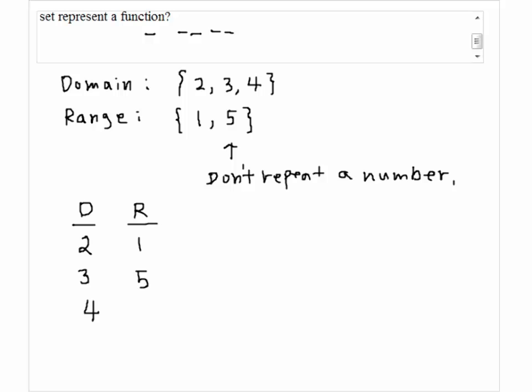So we put an arrow from 2 to 1, going from the domain to the range. 3, 5 suggests us to go from 3 to 5. 4, 1 is from 4 to 1. Look at the arrows coming out from the domain. Since there is only one arrow coming out from each value in the domain, this is a function.